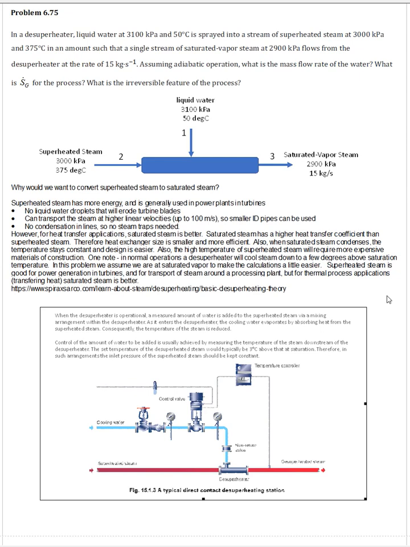Also, just for some very practical reasons, you won't have liquid water droplets impinging at very high velocity on turbine blades that are also turning at very high velocity, and that would, over time, cause too much physical erosion of those turbine blades, too much damage.